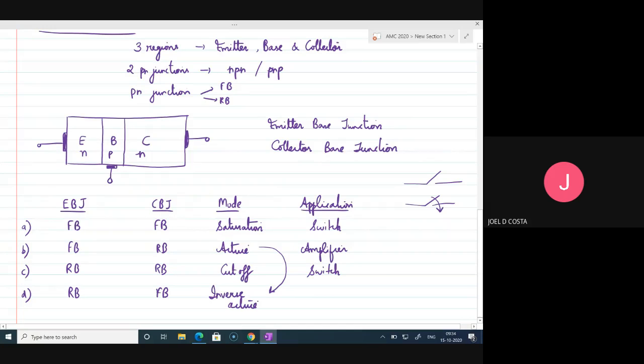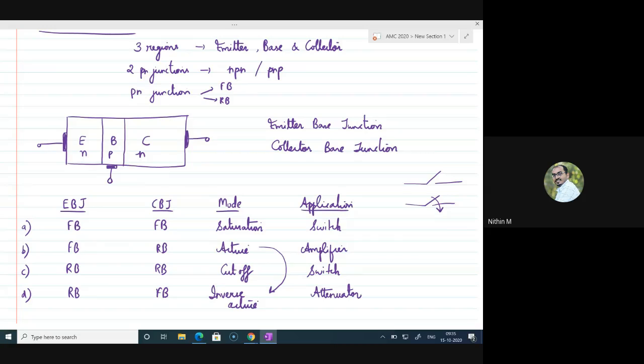Now, in the last one, when one is reverse and the other is forward, generally that mode is not used. But still, if you try to use it, it may act as an attenuator because the other mode is amplifier. So these are the various modes.